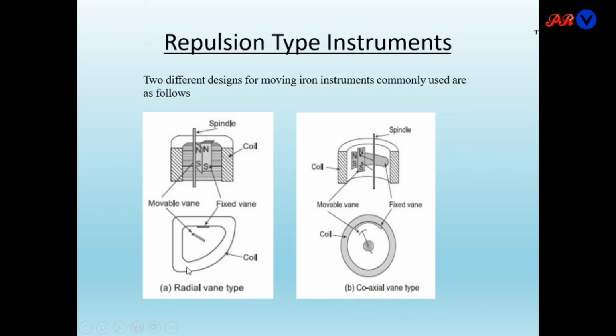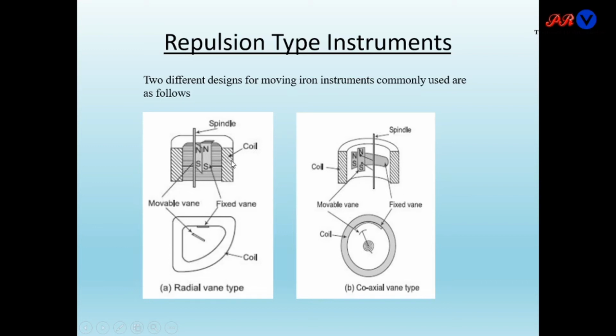In the radial vane type we have a radial coil through which we pass current, while in the coaxial vane type we have a coaxial coil through which we pass the current. One arm is the movable arm and the other arm is fixed with the coil. This is shown here.